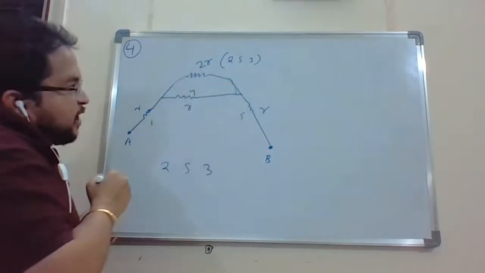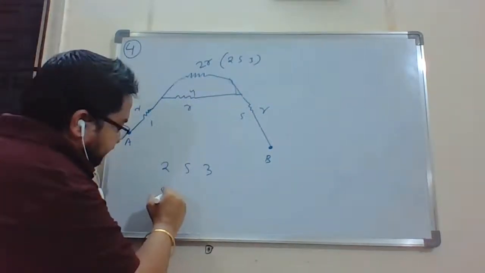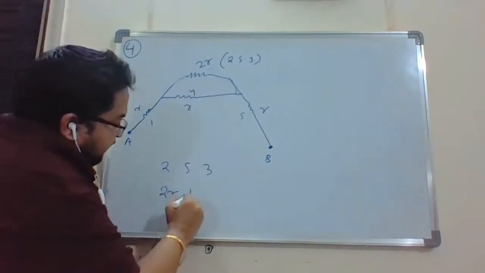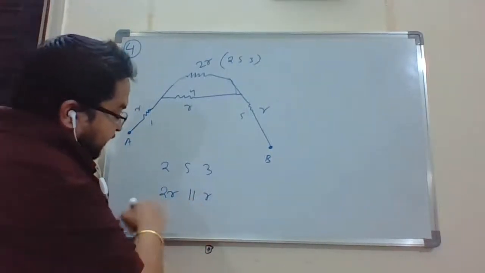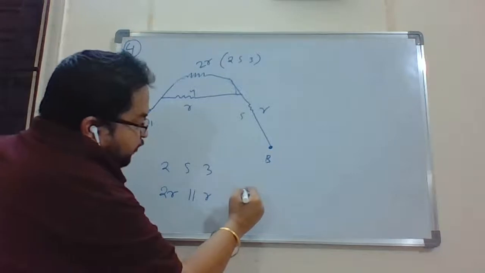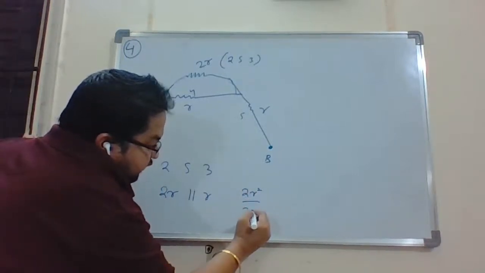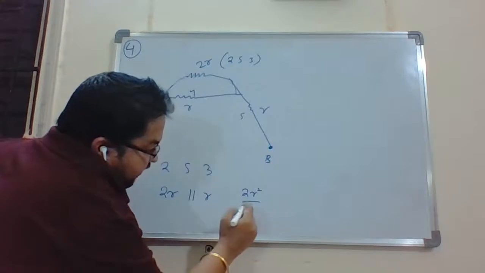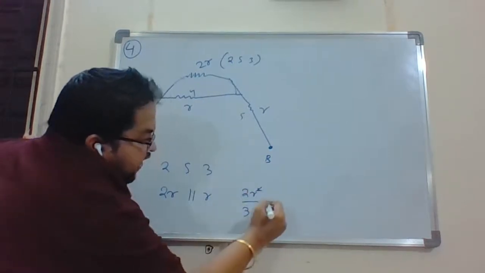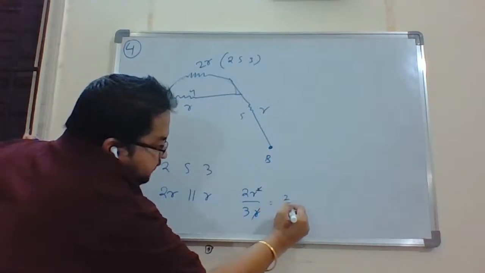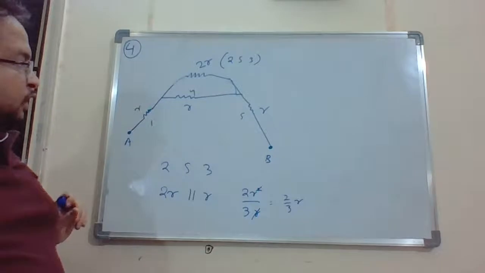So they are a happily married couple and they are in parallel. So I can say this 2R resistor is in parallel with R. Obviously, if 2R is parallel with R, it would be 2R squared by 2R plus R, that is 3R, which is nothing but 2 by 3 R, right?